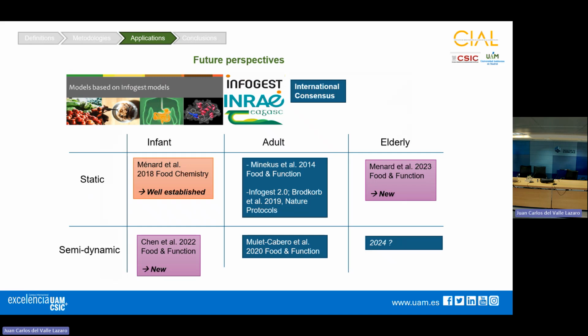And within the INFOGEST network, the standardization of the adult model has already been published, as mentioned, for the static and semi-dynamic models. Also for the infant and the elderly, it is in progress. The static model was already published last year.